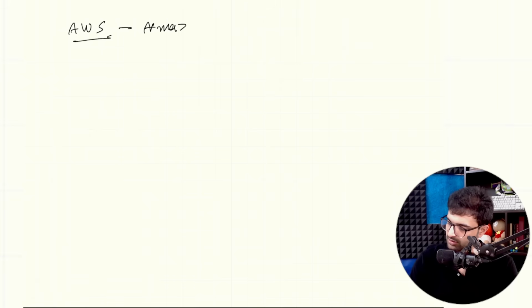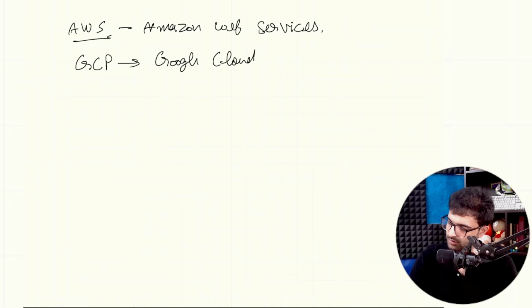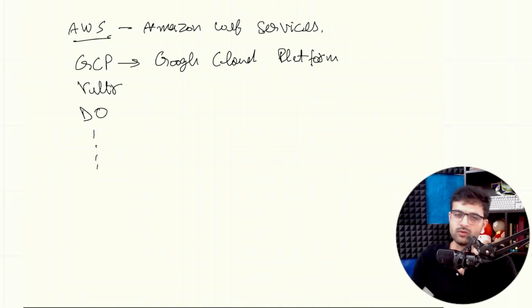All right, deploying to a virtual machine. If you haven't already heard of it, there are many cloud providers out there. For example, AWS, which stands for Amazon Web Services, GCP, which stands for Google Cloud Platform, Vultr, DigitalOcean, so on and so forth.